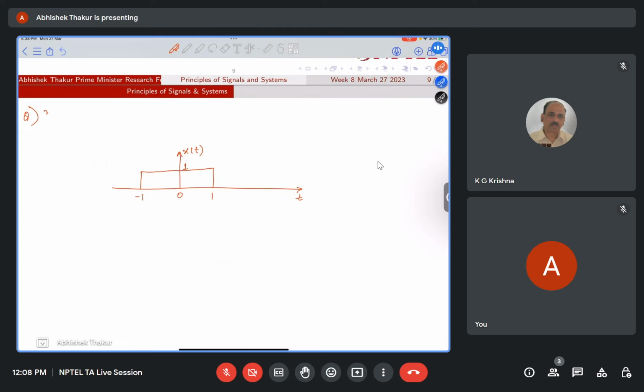This x(t) is a positive rectangular pulse from t equal to minus 1 to t equal to plus 1 with unit height, as shown in the given figure.